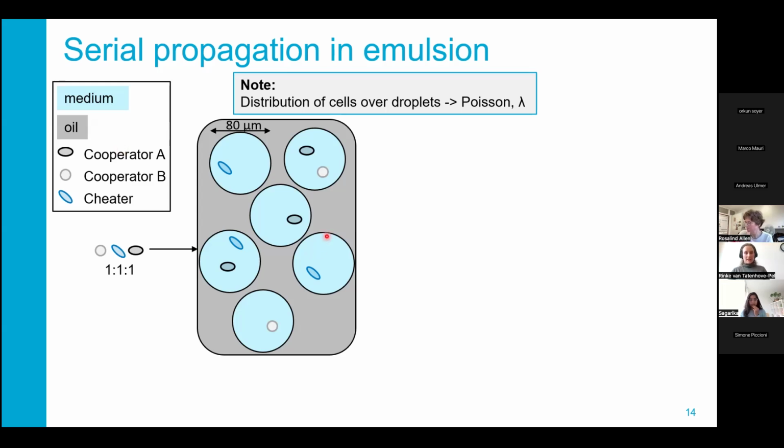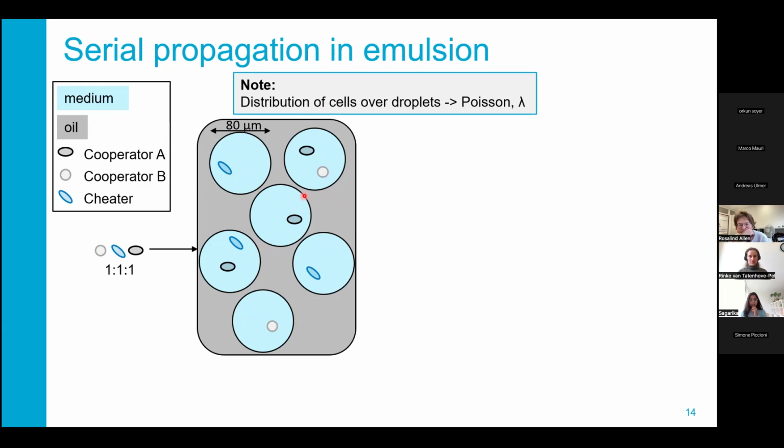We can actually decide, and that's a bit of a sidestep now, as experimenters, how we distribute these cells over the droplets. This follows a Poisson distribution. It's basically just having boxes and balls, and the Poisson distribution describes how these balls are divided over the boxes if you mix them together. And that's basically what we are doing as well.